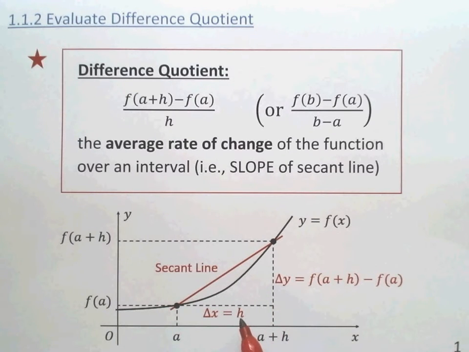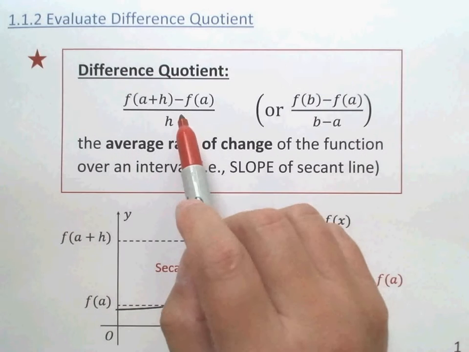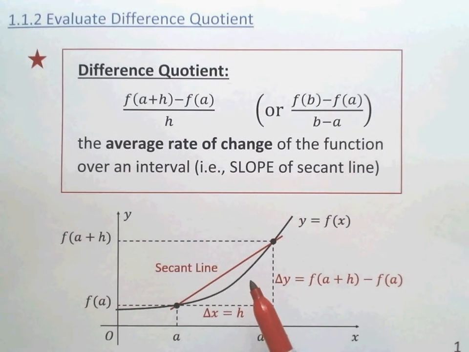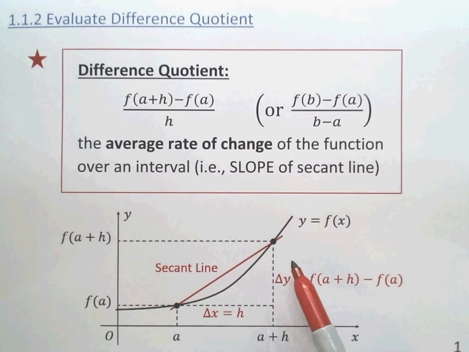What's delta y? Delta y is f(a plus h) minus f(a). So this distance is delta y, and delta x is h. Delta y over delta x is the definition of the difference quotient, which is the average rate of change, the total change over the time.